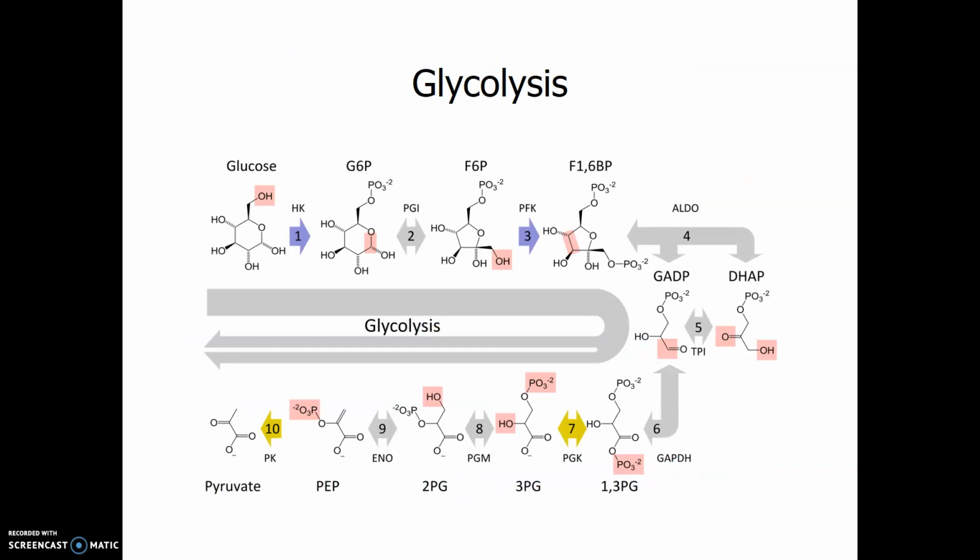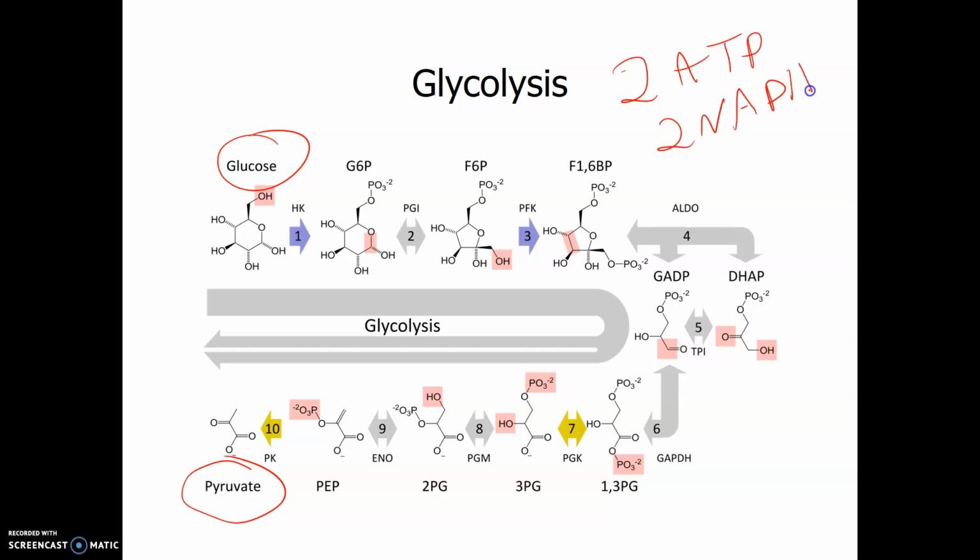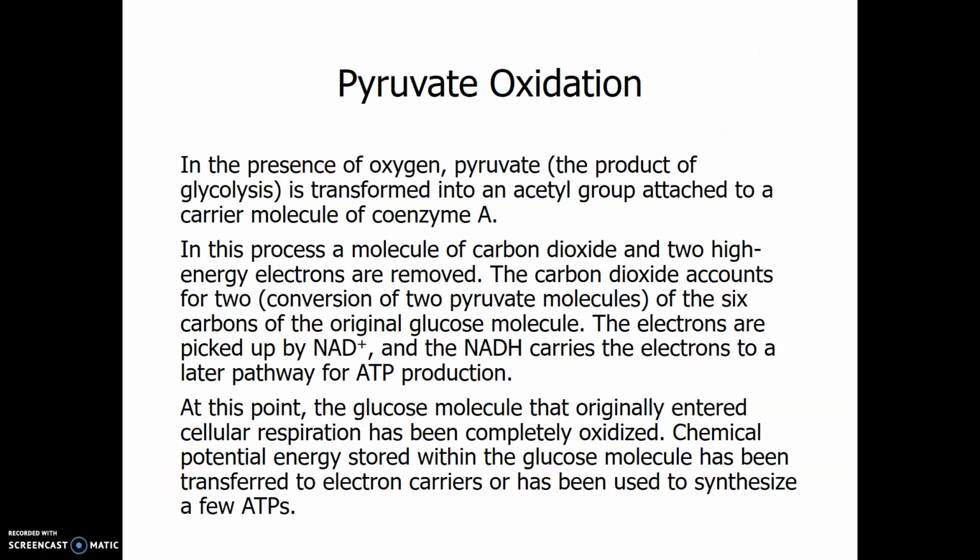This is showing you all the stages of glycolysis, and that the reactant is glucose, which contains 6 carbons, and the end product is 2 molecules of pyruvate, which contain 3 carbons. As well as that, 2 ATPs are produced and 2 NADHs are produced. So these are the overall products of glycolysis: 2 ATPs, 2 NADHs, and 2 pyruvates.